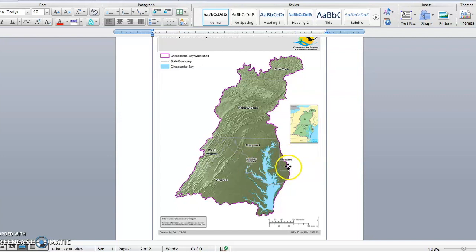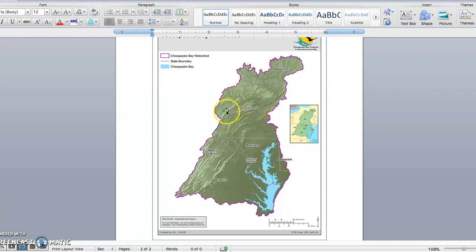Part of Delaware is the Delmarva Peninsula over here. If you're on this side of the peninsula, you're in the Delaware Bay watershed, but this side is the Chesapeake Bay watershed. For some reference, if you were at Bethany Beach, Delaware, that is over here somewhere. So that's in the Delaware Bay watershed rather than the Chesapeake Bay watershed.